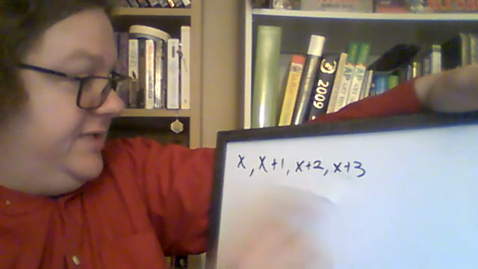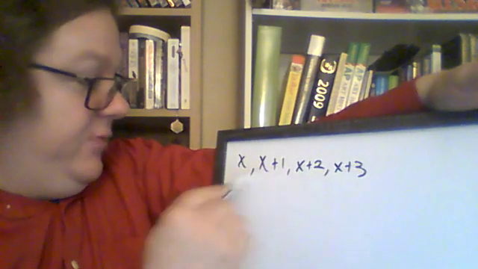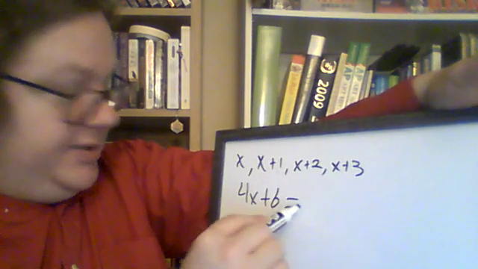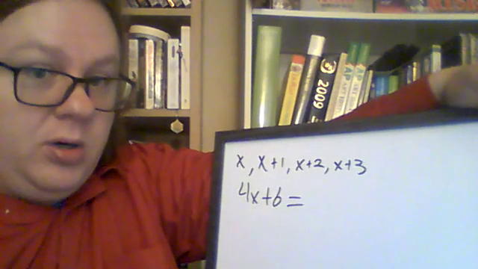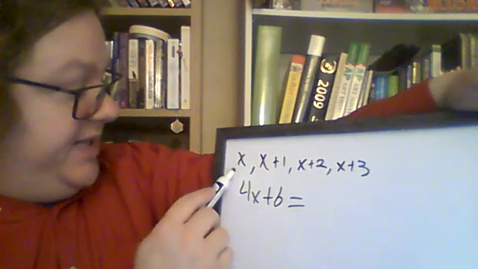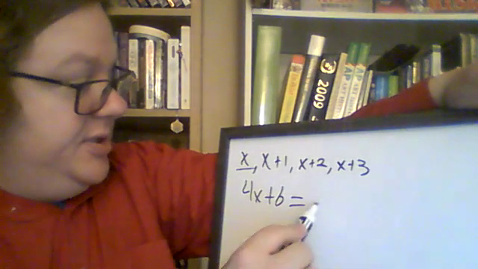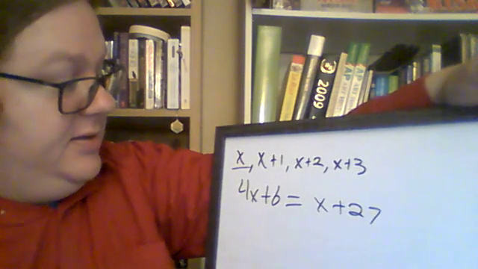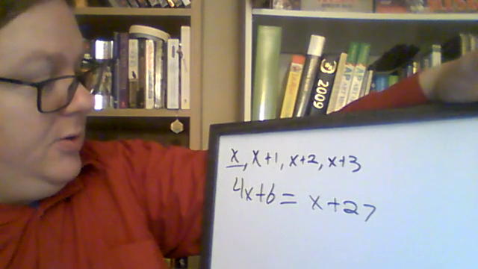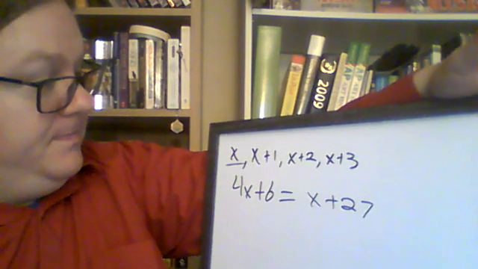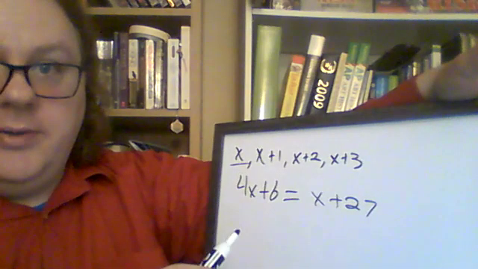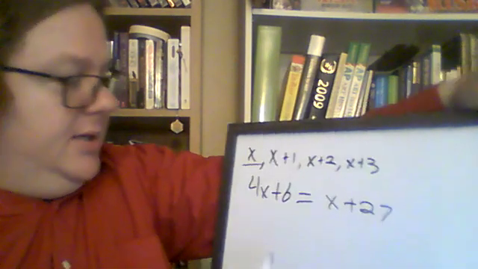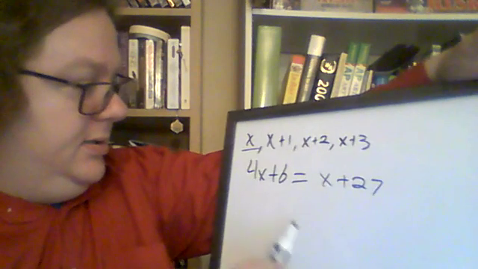Okay, so that's 4x, 1 and 2 is 3, 4x plus 6 equals 27 more than the lowest of the integers. X is the lowest of the integers, so that's x plus 27. I think I figured it out. I think this is how they wanted me to do it. Okay.